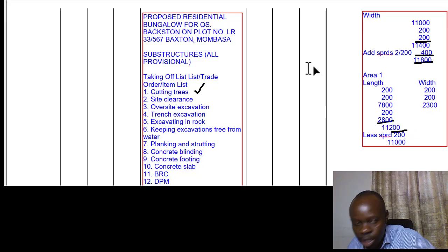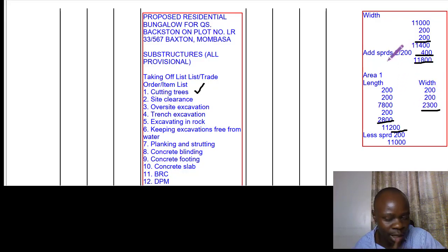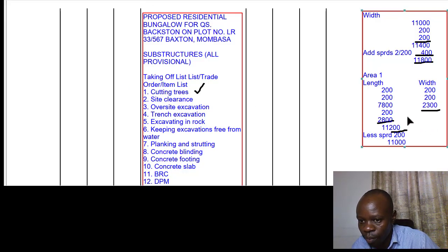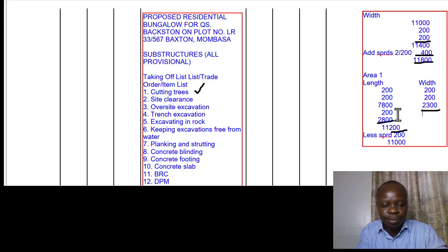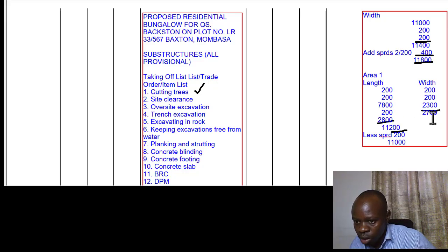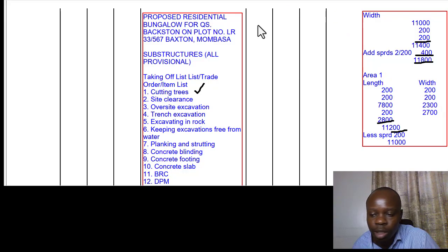Just also make sure you underline so that you arrange your work properly. So that becomes 2,400 plus 2,300 is 2,700. Okay, 2,700. Let's see. Okay. So once we have that, this bit just need to take it out and have a line properly at that point. Then we less the 200 also on the other side.